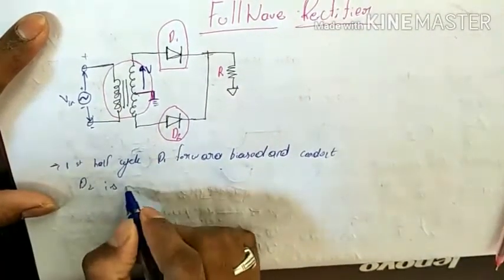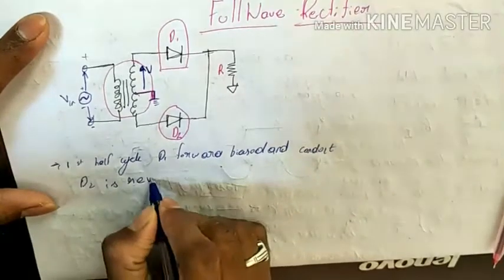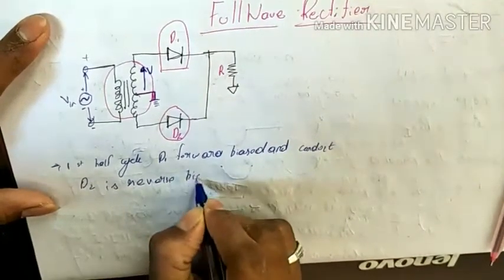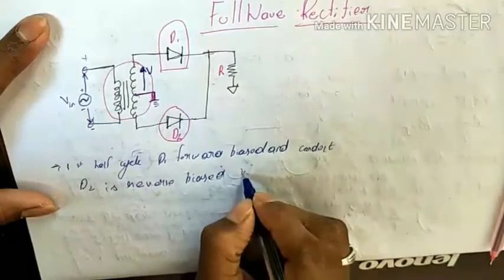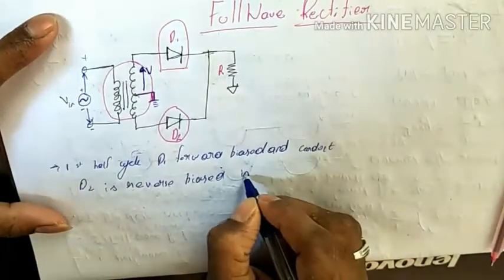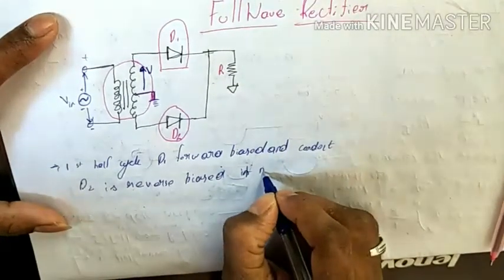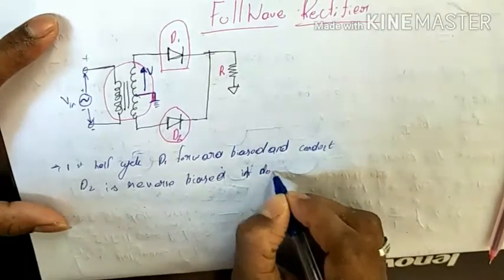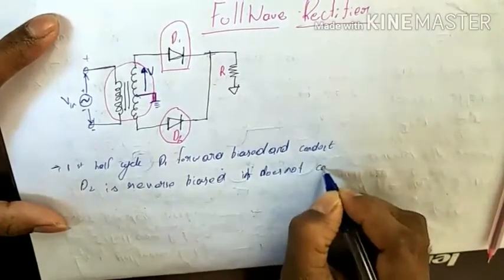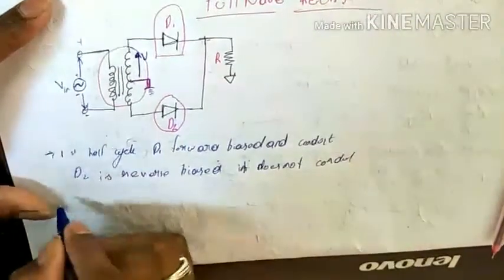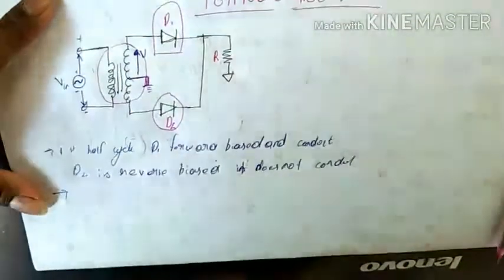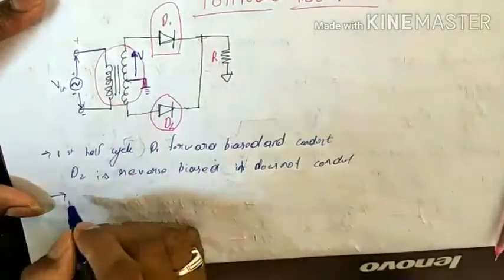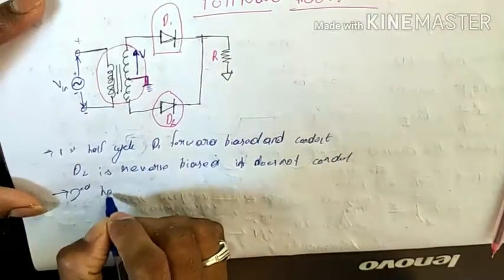D2 is reverse biased and does not conduct. Now we take the second half cycle.